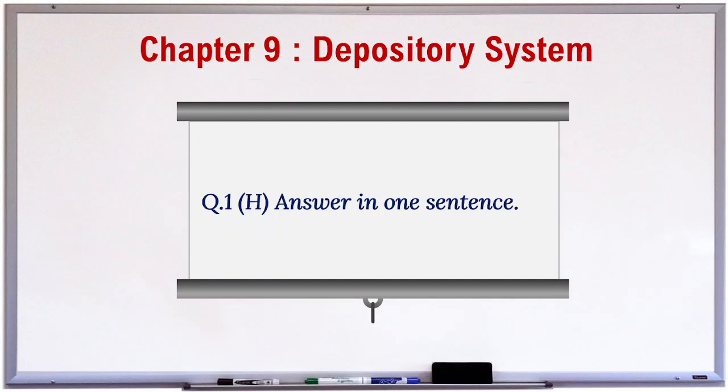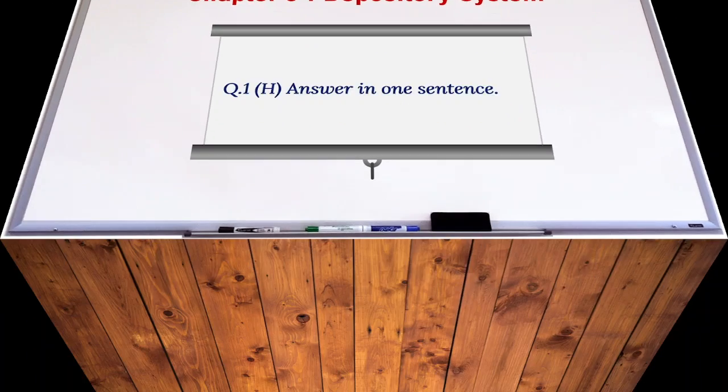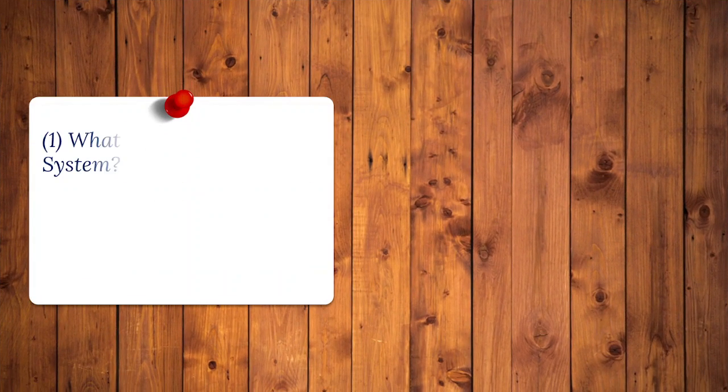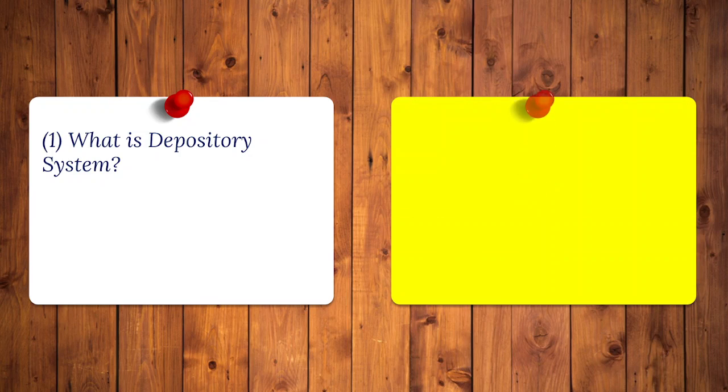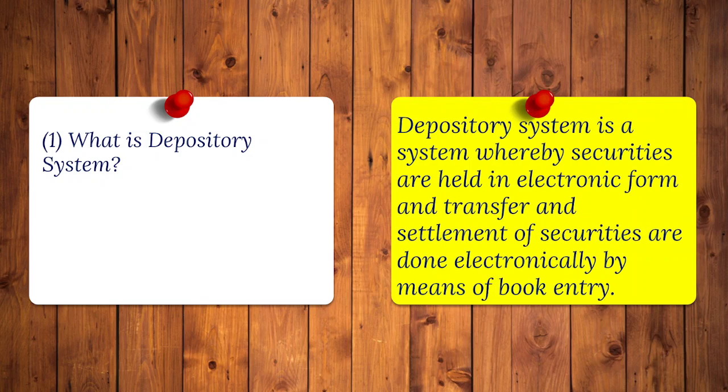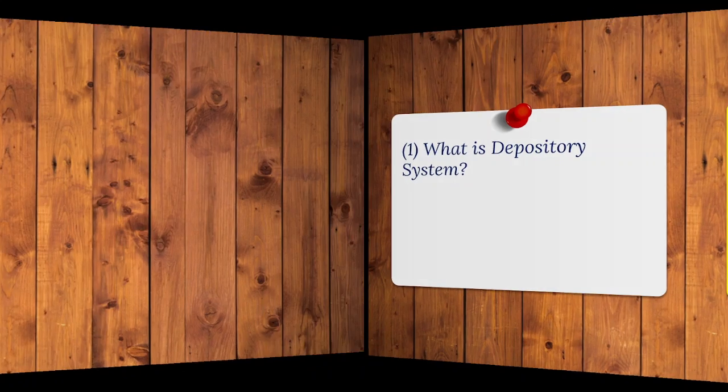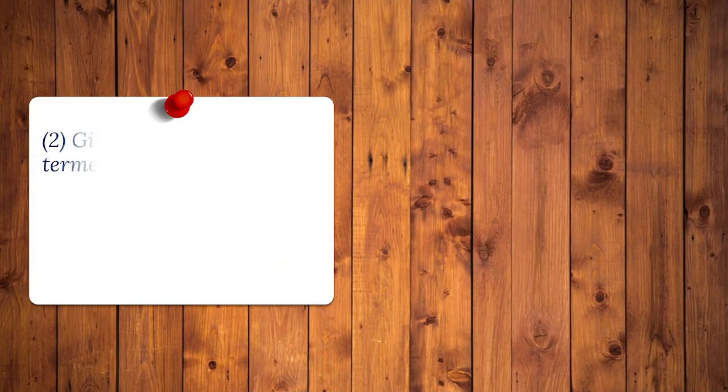Question 1. H. Answer in one sentence. 1. What is depository system? Answer. Depository system is a system whereby securities are held in electronic form, and transfer and settlement of securities are done electronically by means of book entry. 2.